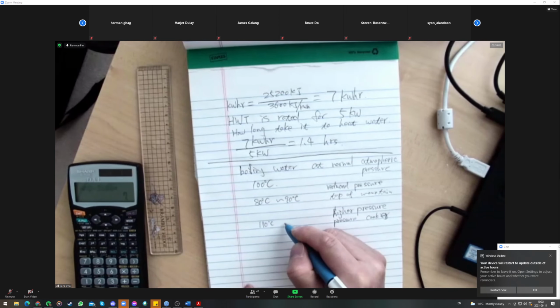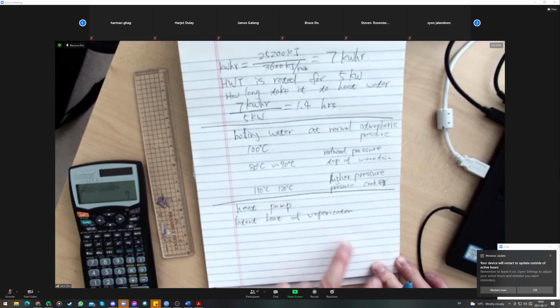Do you guys remember the number I gave you? For water it is a very high number, right? So to use this, because this latent heat of vaporization is a really big number.